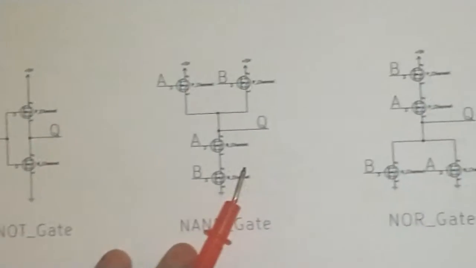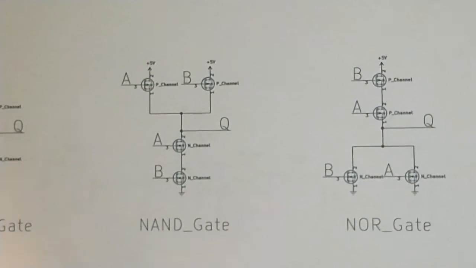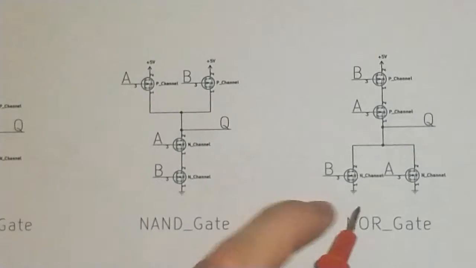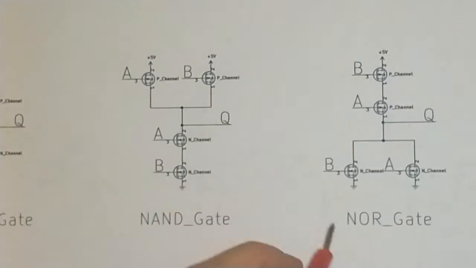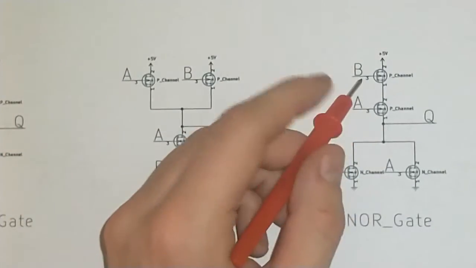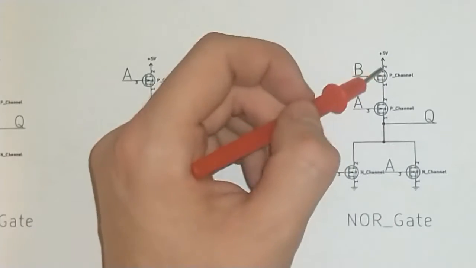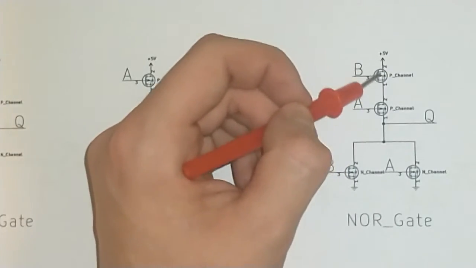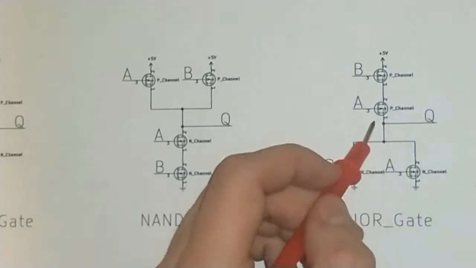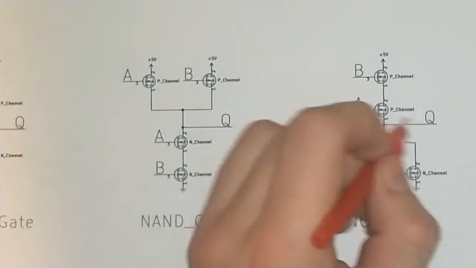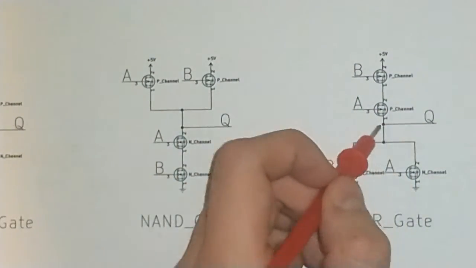But we'll have to get to a NOR gate as well. So yeah, a NOR gate is basically a NAND gate, but it works a bit differently, which means when you turn A or B high, you'll cut off the path from 5 volts to Q, which means the Q will turn to low.